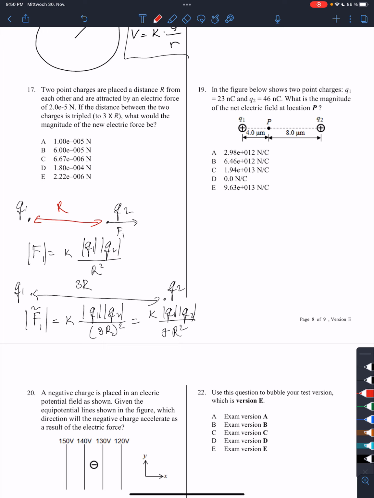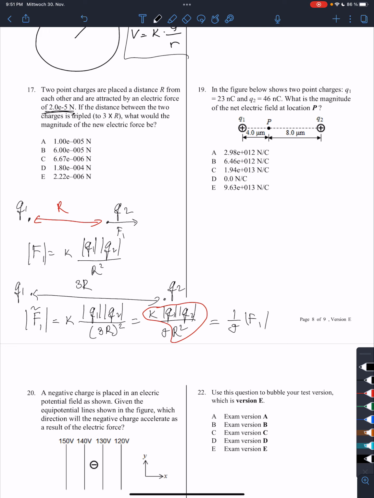But here you can already recognize that this is 1/9 of our original force F1 when they were distance r apart. This F1 is given, right? So I need to just divide it by 9 and I will get the final result.